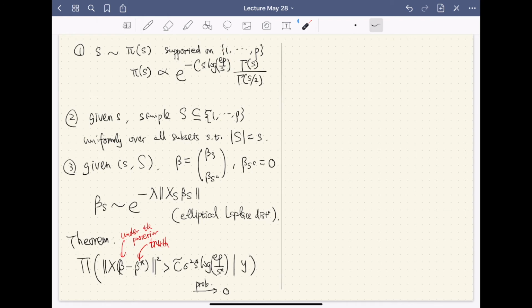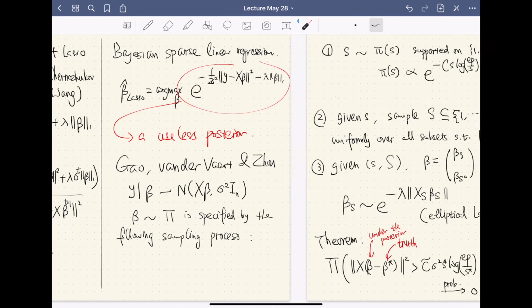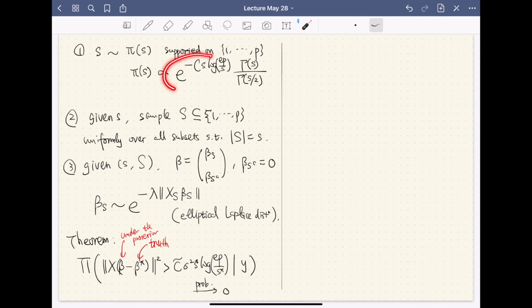So here, the intuition is whatever penalty you can use in the frequentist literature, you take exponential, then it can be viewed as a prior distribution, right? In the same way, I take this factor to be my prior distribution on sparsity, right?